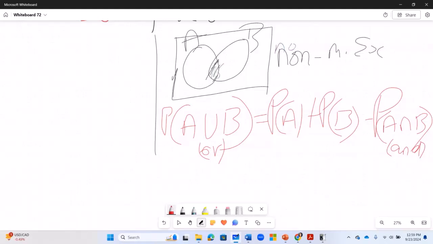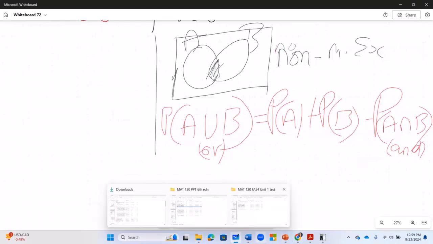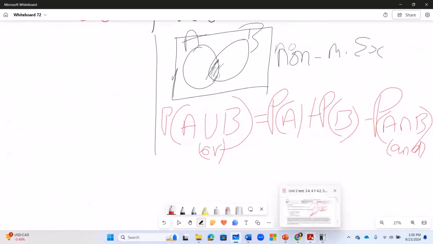So we have drawn a diagram to show non-mutually exclusive events. We have just given a Venn diagram and an equation. Let's do an example; until we do an example, we will not know how to apply it. We did probability rules and used the table to show an example.